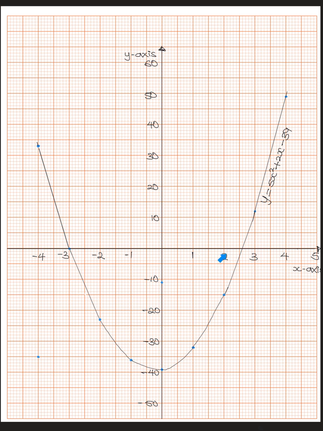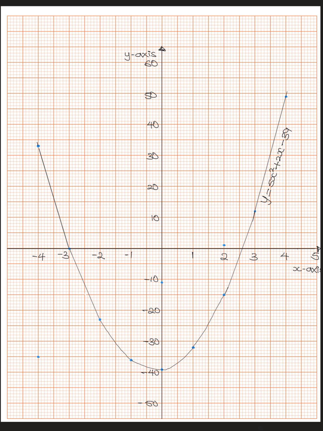When x is equal to 2, y is positive 1. That is just one small box above the horizontal line, okay? Because each box on the y-axis is 1 unit. So that is this point here. And finally, when x is equal to 4, y is positive 13.